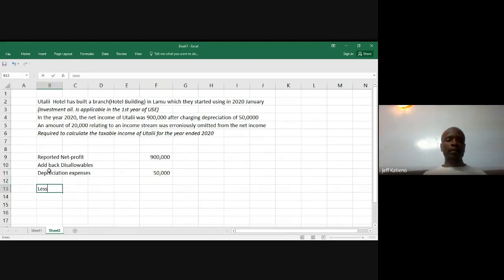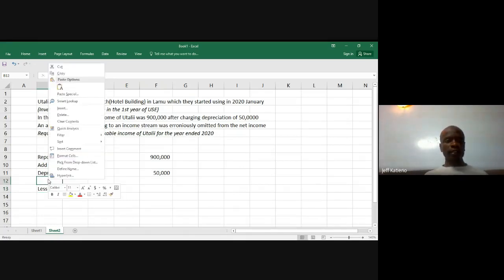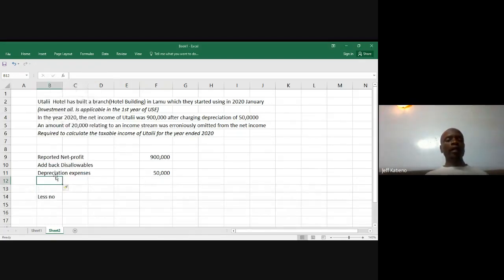Unless allowable, let me start with less non-taxable. No, I have not. Sorry, there's something I'm not done with here. Apart from adding back disallowables, we also add back omitted incomes.